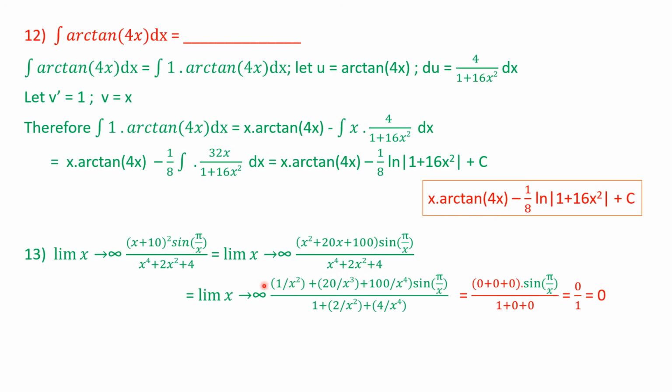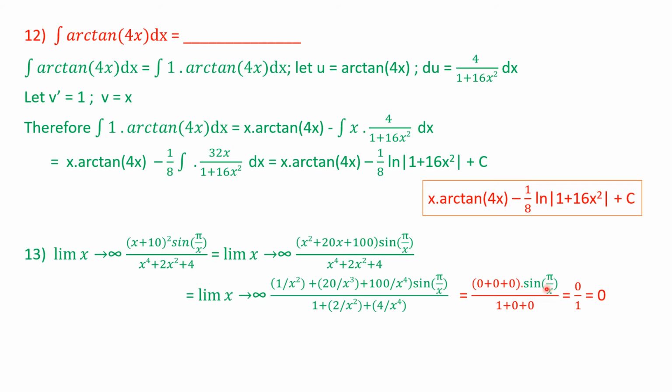Since we have the highest degree x to the power 4, let's go ahead and divide the numerator and denominator by x to the power 4, and this is what we're going to get. Once we have this, we can just plug in the infinity, and this is what we're going to have. All of them are zeros except sine of pi divided by x, but also this one will be equal to 0.